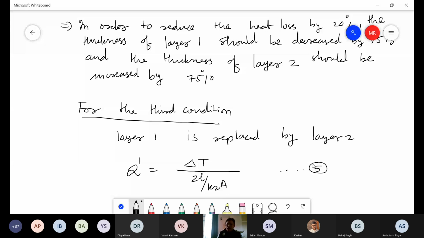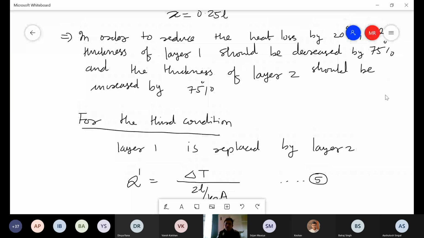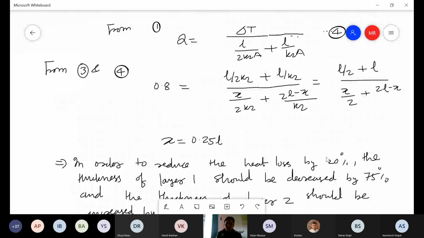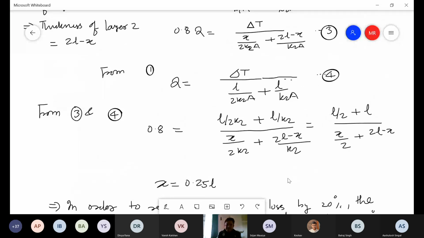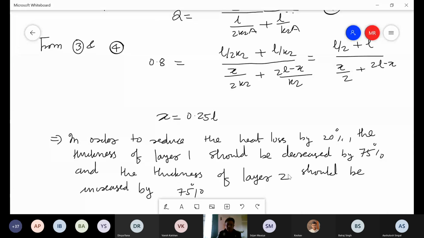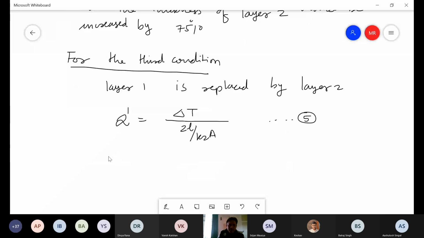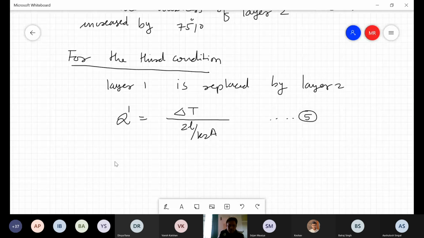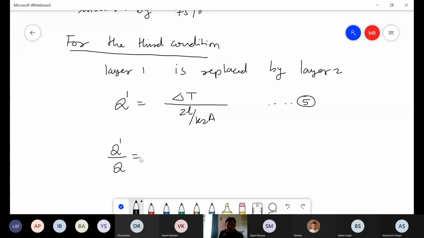Now again, if we divide equation number 5 by equation number 4, then what we get is Q dash by Q. So this delta T will get cancelled out, and what we will have is L by 2K2A plus L by K2A, and this will be divided by 2L by K2A.